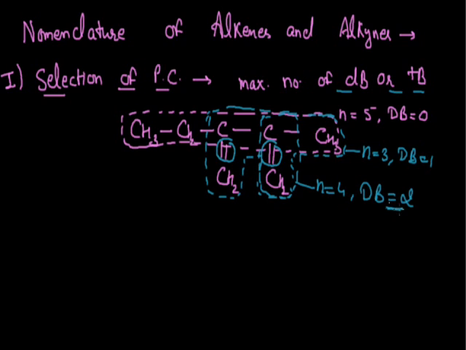Since this chain contains the maximum number of double bonds, it will work as the parent chain for the nomenclature of this organic compound, even if it is not the longest one. It has only 4 carbon atoms while we have one more option with 5 carbon atoms. So instead of going for the maximum number of carbon atoms, we go for the maximum number of double bonds, and in this condition this will work as the parent chain.